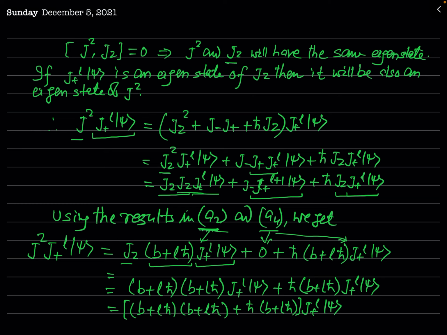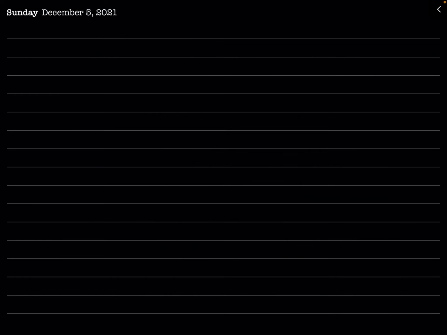So in the terms inside this square bracket, this B plus LH cross may be taken as a common factor, and so this result can be finally written like this. This is J square operated on J plus L ket psi, and this is equal to what?